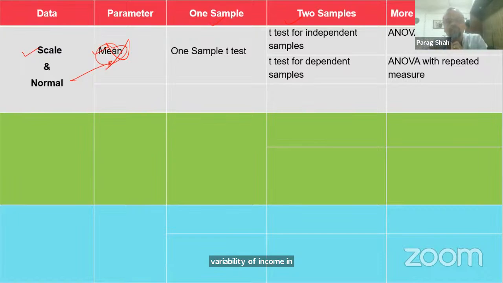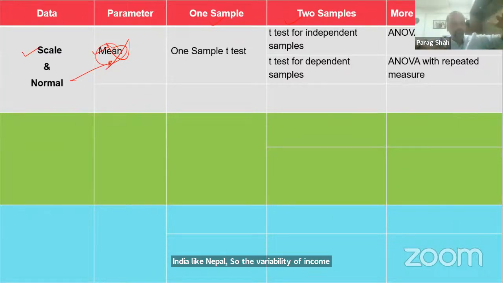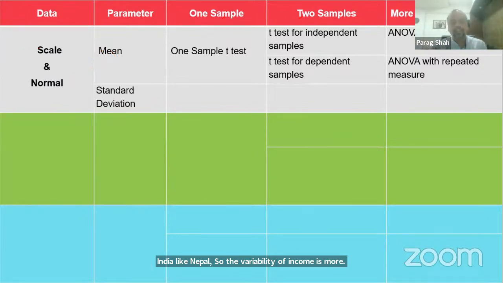Let me take an example of Mumbai. We know in Mumbai, the average income is very high. But we have slums over there, and we have Nariman Point also over there, areas like Napean Sea Road and all. So the variability of income is more. So I want to compare the variability of income, the dispersion of income. Then I'll have to go for standard deviation.